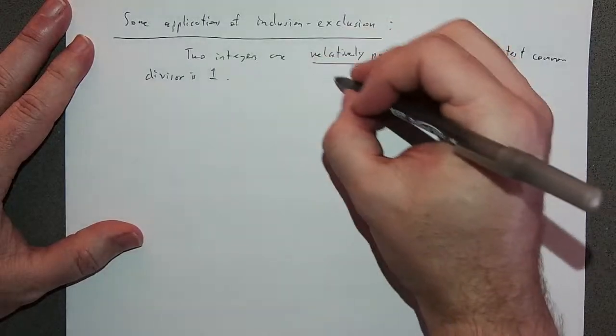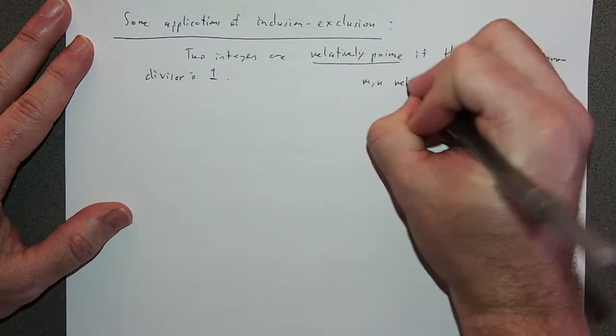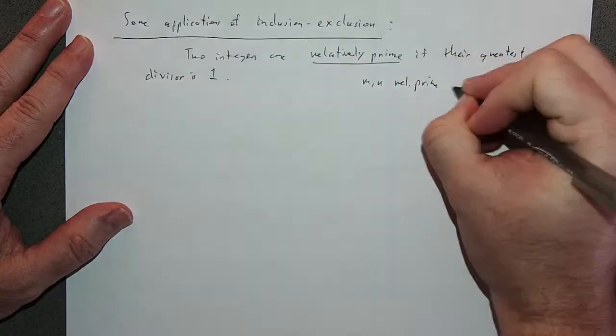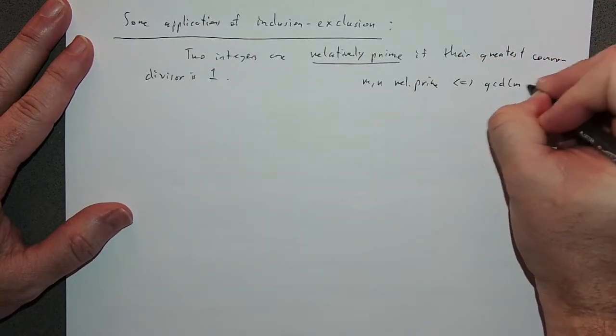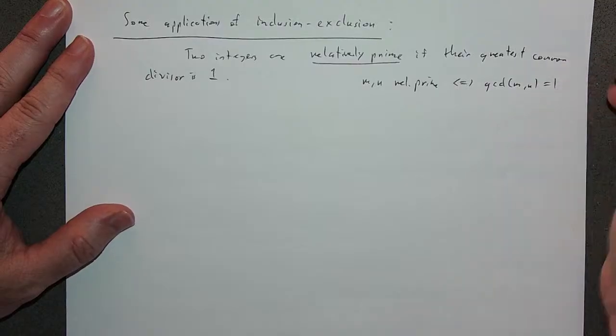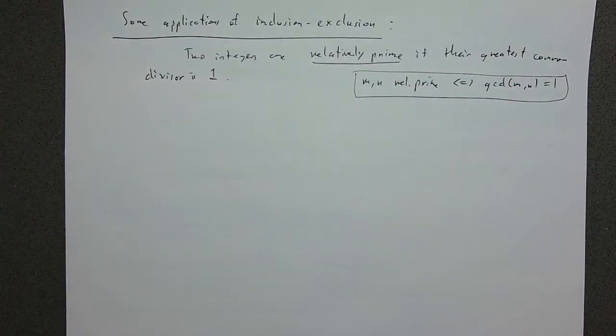So that is, say, m, n are relatively prime if and only if their GCD is 1. Maybe you're used to writing GCF here, greatest common factor, instead of divisor, doesn't matter, GCD, GCF, same thing.